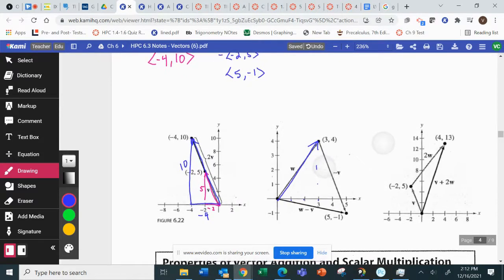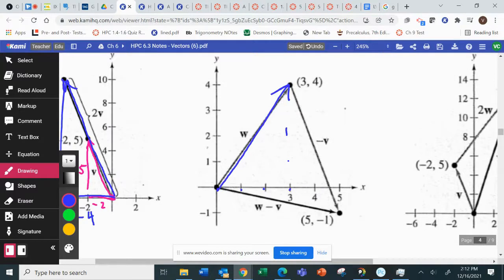So we're really adding 2, subtracting 5. So for my minus V, I'm adding 2 and then subtracting 5. So that's vector minus V. That gets added on to the end of W. Our answer is the vector 5, negative 1.